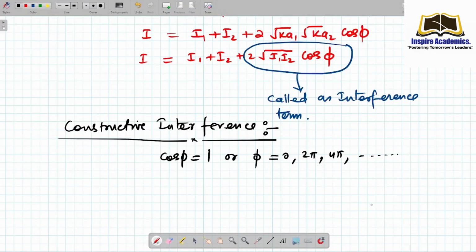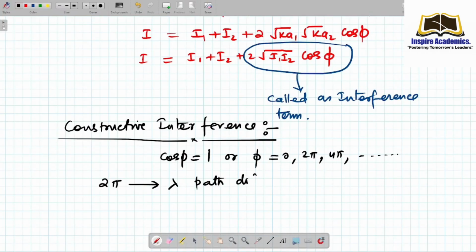And phi is the phase difference. A phase difference of 2 pi corresponds to how much path difference? It corresponds to lambda as the path difference.